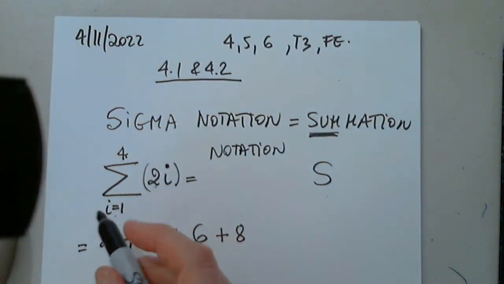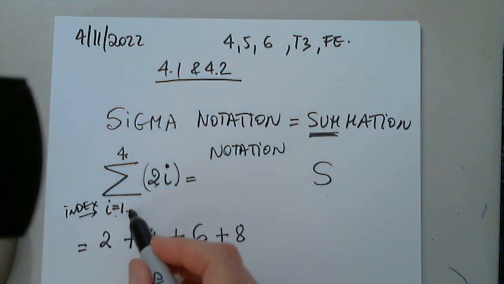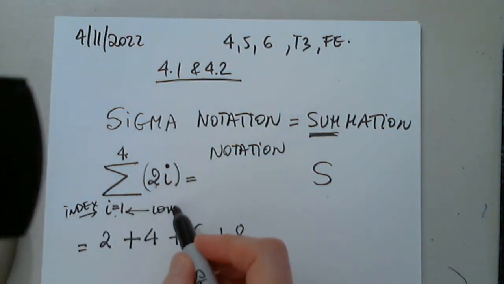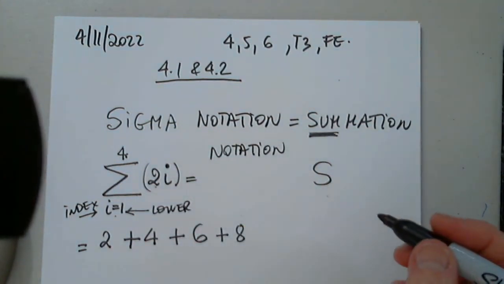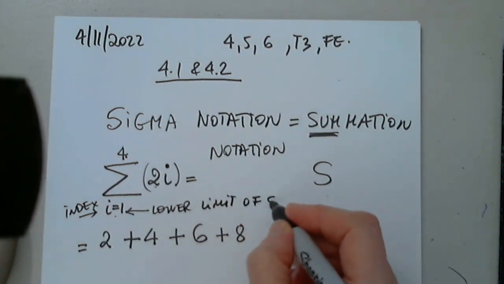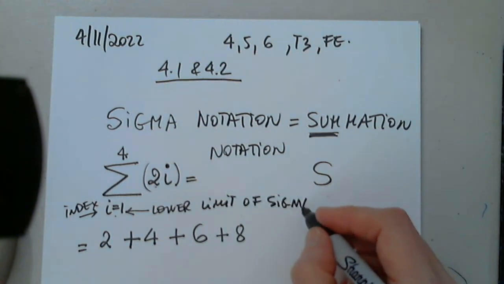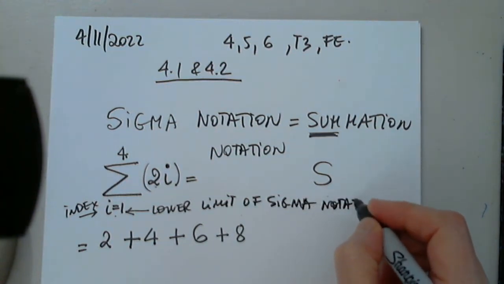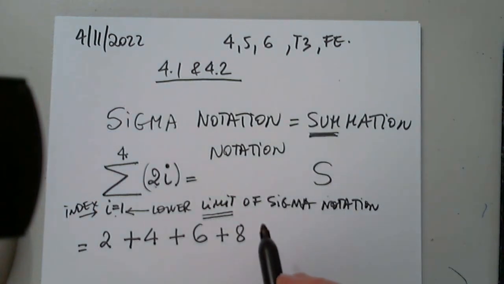So this is called the index. This number is the lower limit. I don't want to use the word limit in the sense of a limit. I will use it as the lower limit of sigma notation. This is not the limit that we know from this class.